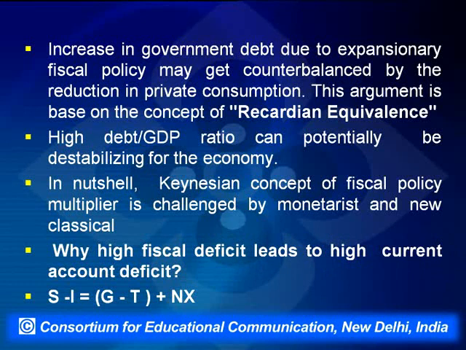This argument is based on the concept of Ricardian equivalence, which basically says that as the government deficit increases and government debt increases, citizens of the country believe that it is not possible for the government to service the debt, and then they think that the government is bound to raise taxes.